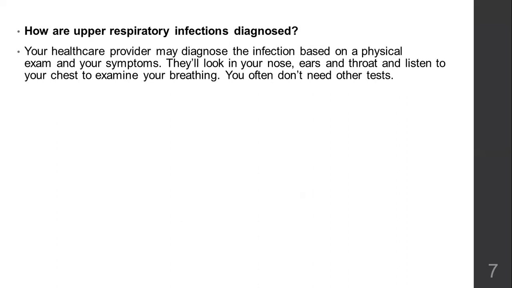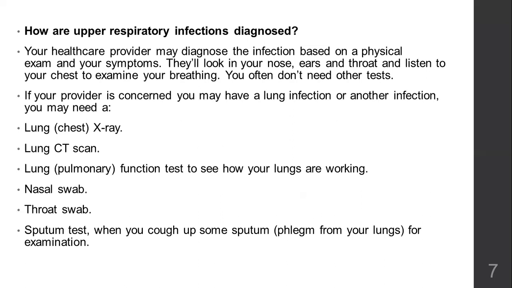Very rarely you will need other tests, but if at all other tests are prescribed to you, it could be a chest X-ray to see if it is tuberculosis, or to see the extent of mucus or cough generation that has taken place in your lungs. Lung CT scan can be done to see any blockages, if it is a tumor or a cancer, how far it has spread.